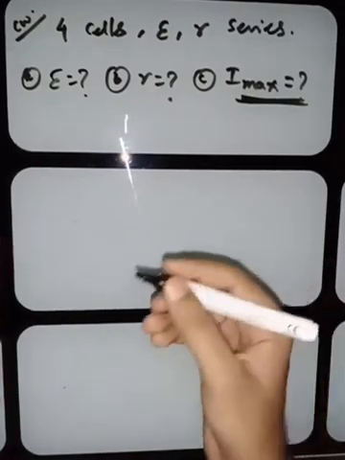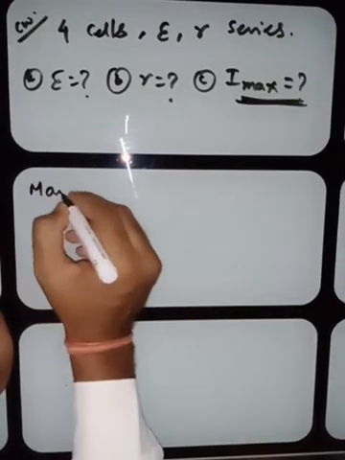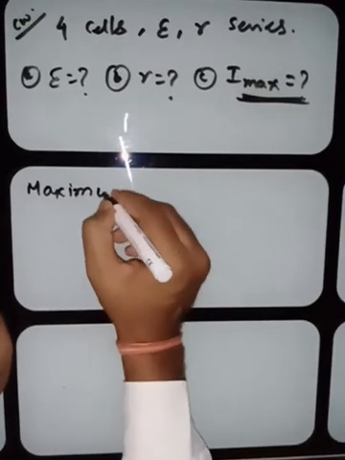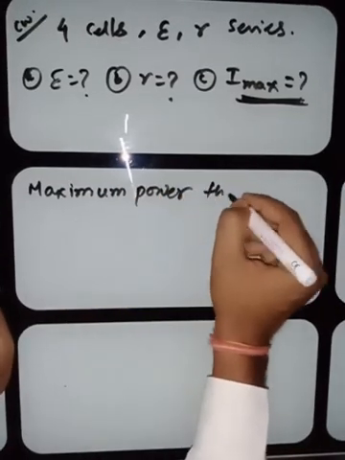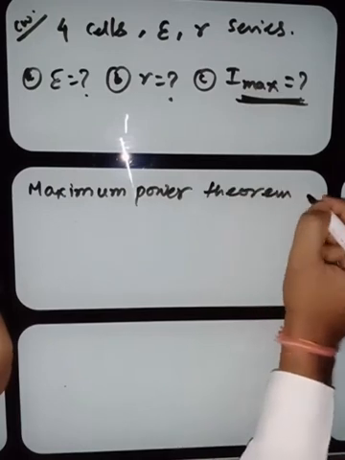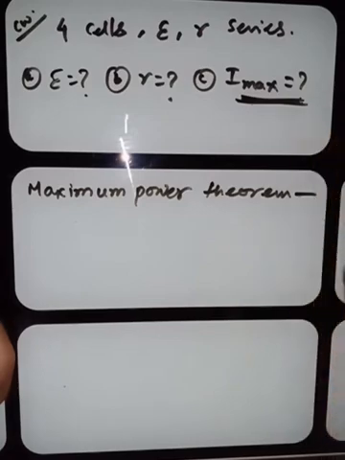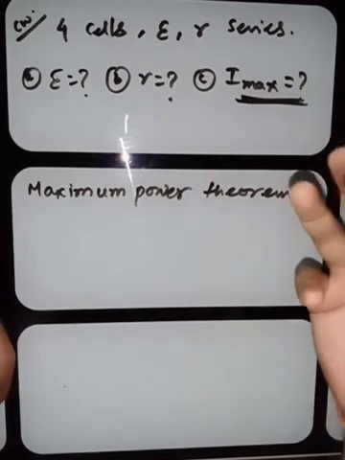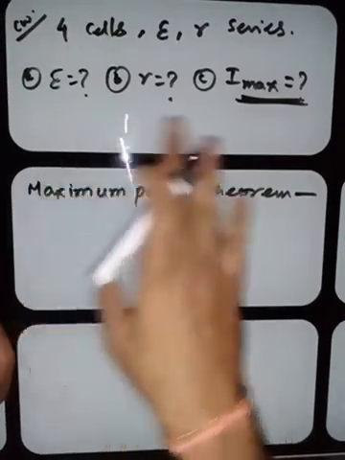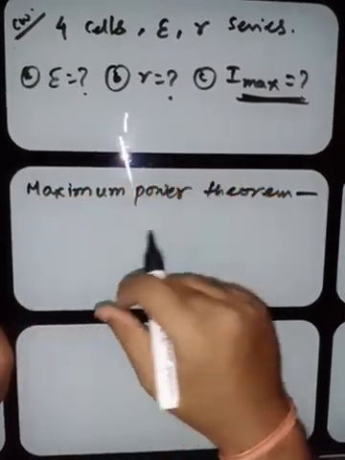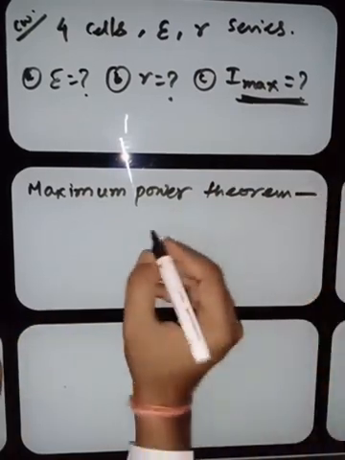We will study it in detail, but you will study this in standard 12th. Actually, in graduation you will study this maximum power theorem. It is called the maximum power reciprocity theorem, and this will help to find the maximum current. You can find it in standard 12th also.